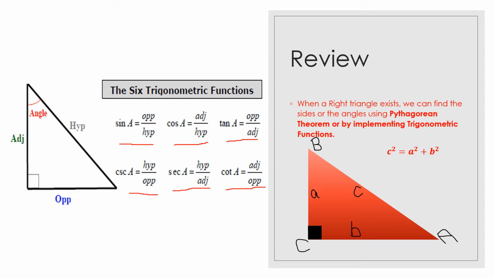So these are the 6 trigonometric functions we learned so far, and we use them if we have a right triangle. It means a triangle that has an angle of 90.